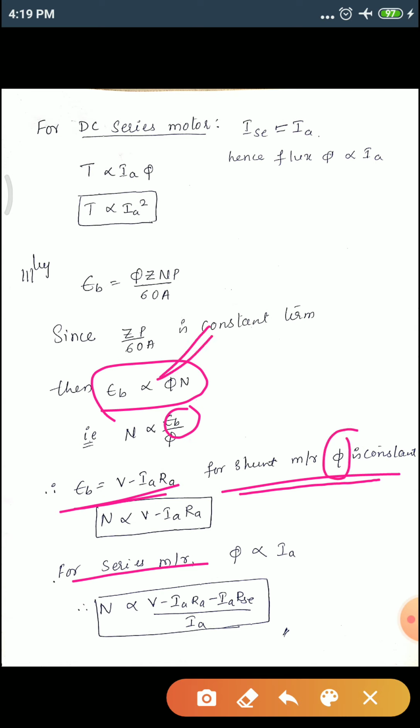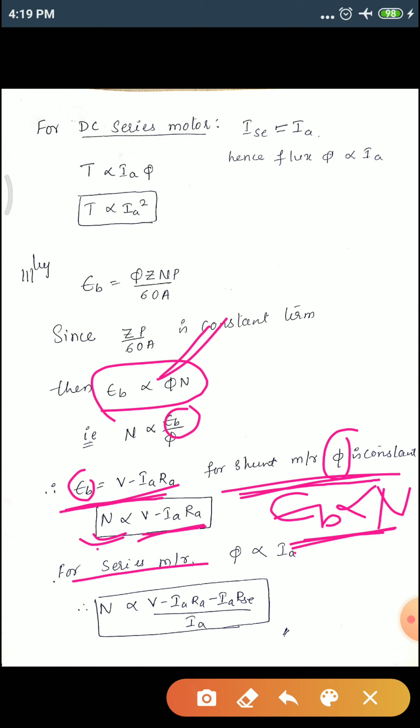Therefore EB is proportional to N. So EB is proportional to V minus Ia Ra, and in place of EB we can substitute N, since these two are directly proportional. So N is proportional to V minus Ia Ra. This is for the DC shunt motor.